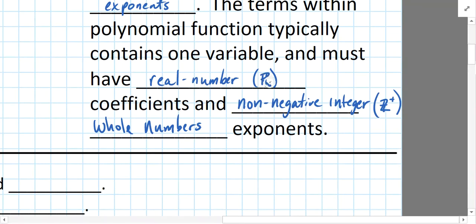So I've also included these notes here. This double bar R and double bar Z represent the set of real numbers and the set of integers respectively. Putting a little plus symbol after indicates that we're talking about positive or non-negative integers.